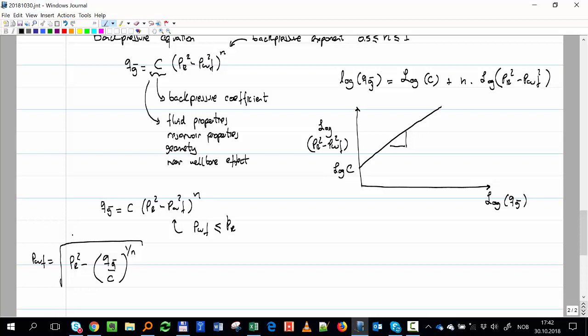To have the whole range, you might assume some numbers. You have dreams, you think my well is an excellent producer, I'm going to make a lot of money with my well. Then you put a big number here, and that will give you just undefined, an imaginary number. Doesn't exist. So I would suggest we use this form of the expression.